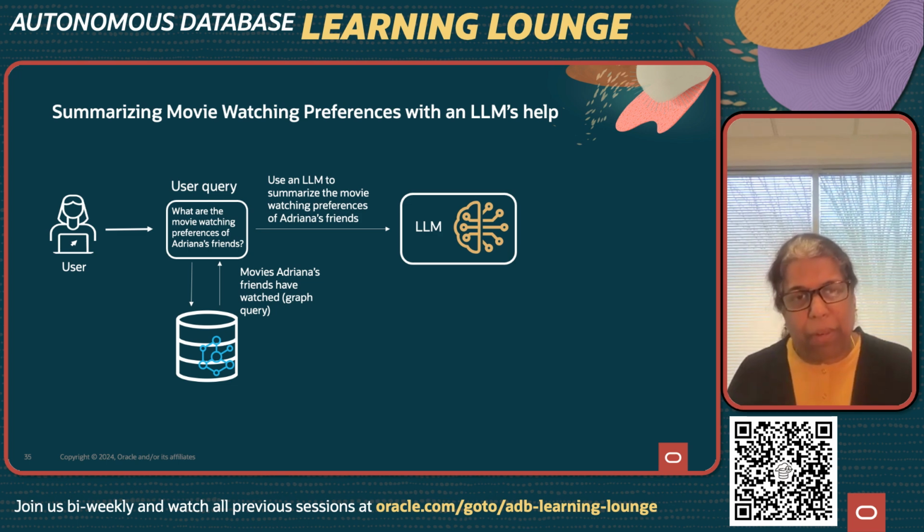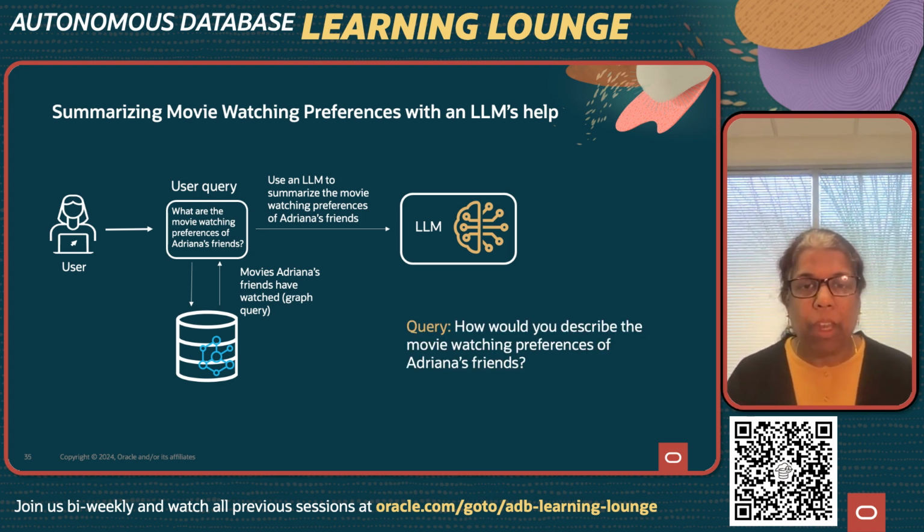That is best represented as a graph, as we were seeing earlier in the movie graph. So I want to consult that movie graph to understand the movie watching preferences of Adriana's friends, and I want the LLM's help in summarizing all of that information for me. So that's the query I'm trying to ask here: how would you describe the movie watching preferences of Adriana's friends?